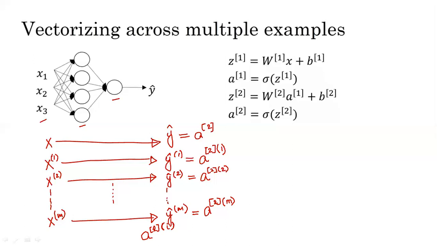This i represents the ith training example that we are using in our training set.